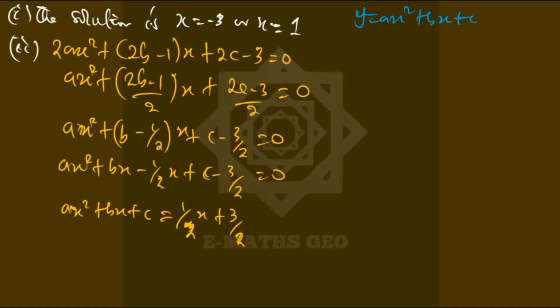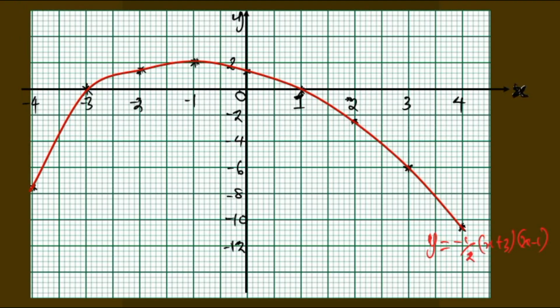So using that same thing we did here, you know why the answer is x equals minus 3 and x equals 1 in the first one is the point of intersection of the curve, which is y equals a squared plus bs plus c, and the x-axis. Another name for x-axis is y equal to 0. So that's why where they intersected, that's why the answer is minus 3 and 1.